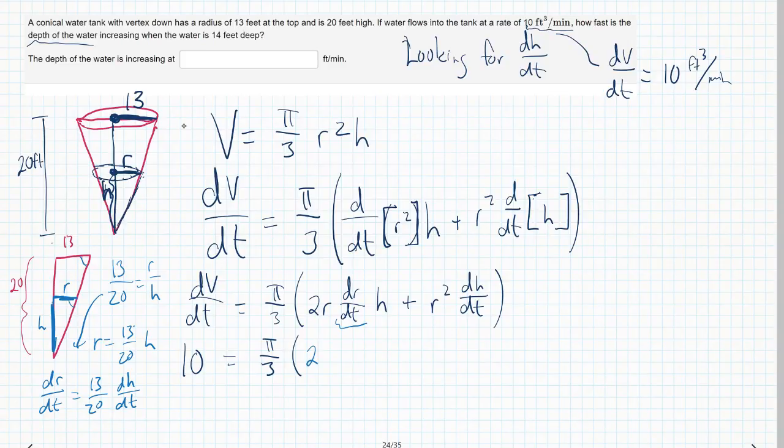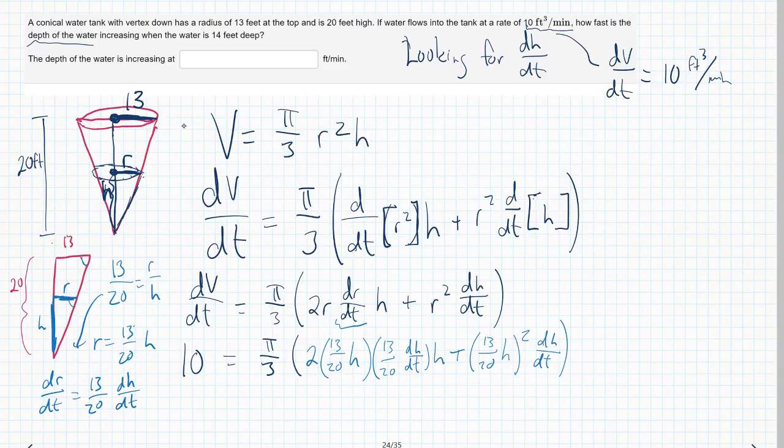This is 2 times r, which is 13 over 20 times h, times dr/dt, which is 13 over 20 dh/dt, and then we have another h right here, plus r squared, that would be 13 over 20, and then this would be h, the quantity squared, and a dh/dt.